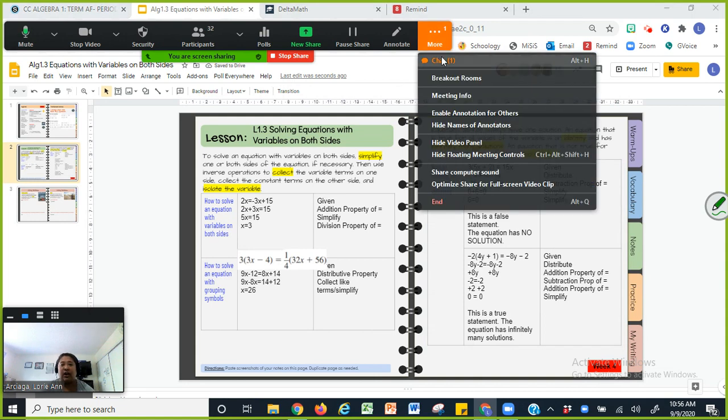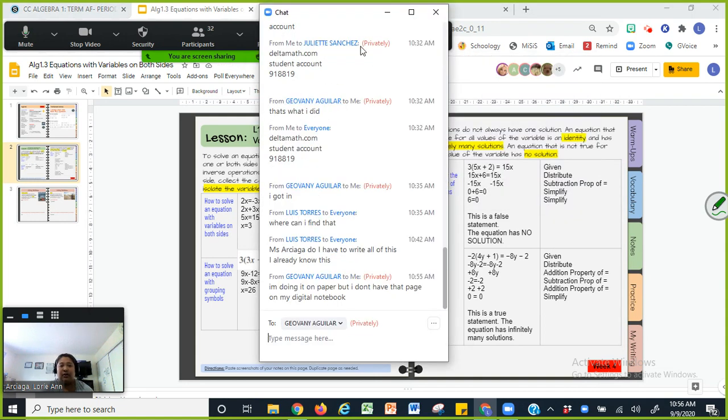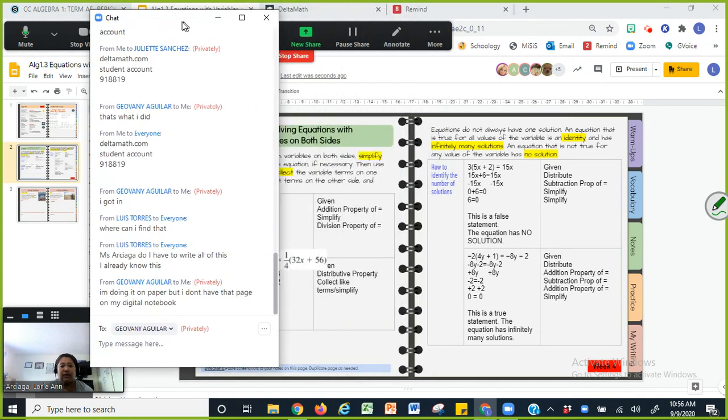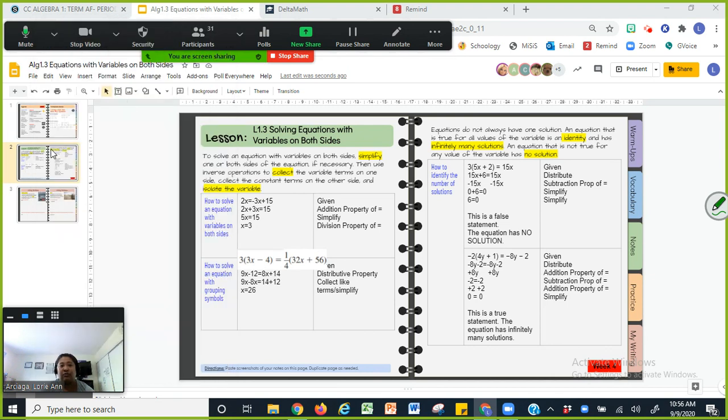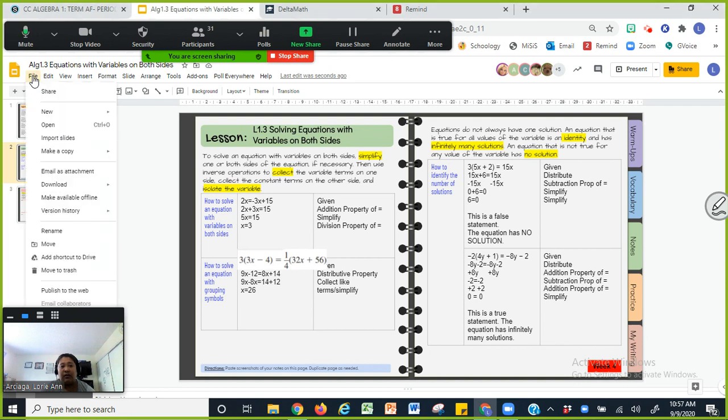And let me check the chat. I'm doing it on paper, but I don't have that page on my digital notebook. All right, Giovanni's. Yeah, so nobody has this page on their original digital notebook. So what you're going to do is you open your digital notebook. So let's pretend this is my digital notebook, right? You go to File and then Import Slides.